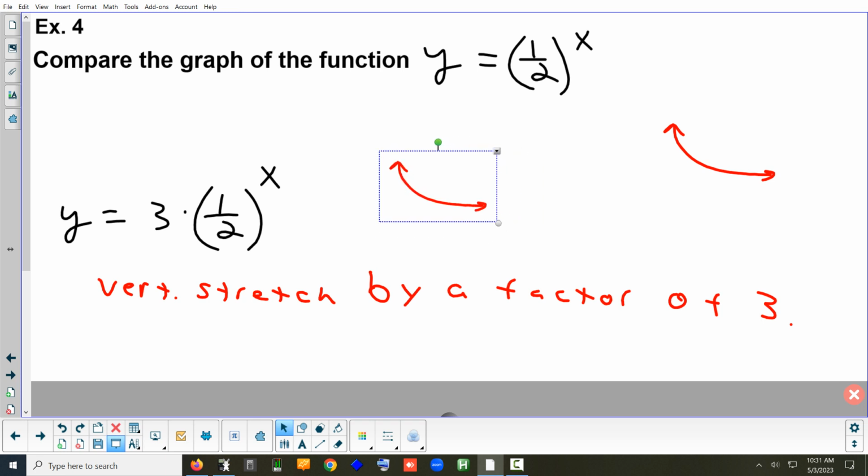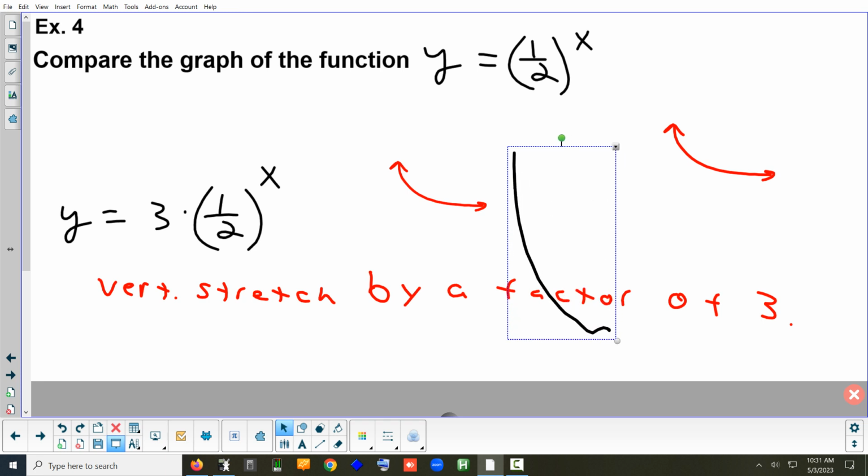Nope, won't let me. What I was trying to do is just stretch it vertically. Maybe if I trace over it. Okay, that worked. So there's the original. This is a vertical stretch by a factor of, well, it's probably more than 3. But the point is, it makes it stretched out vertically. Okay, so that's that one.